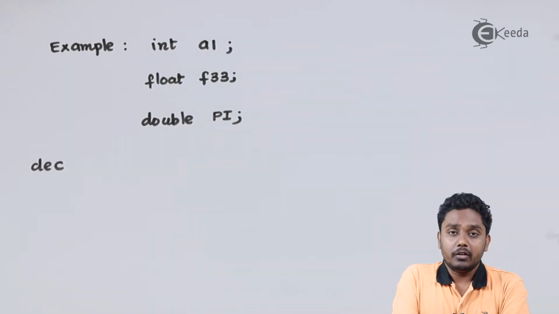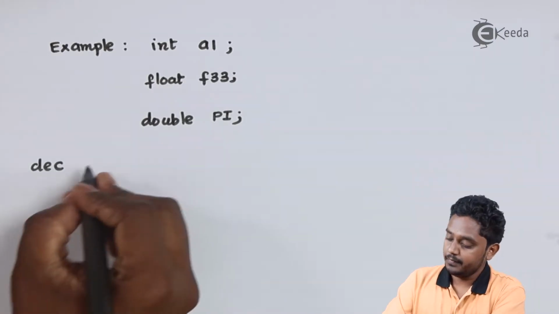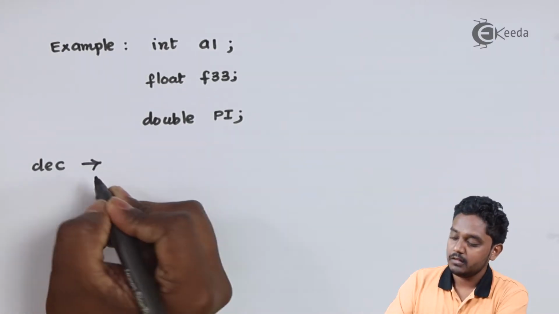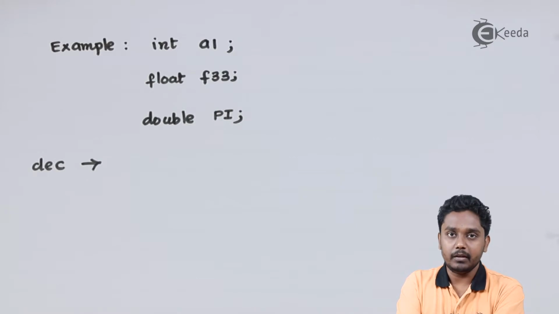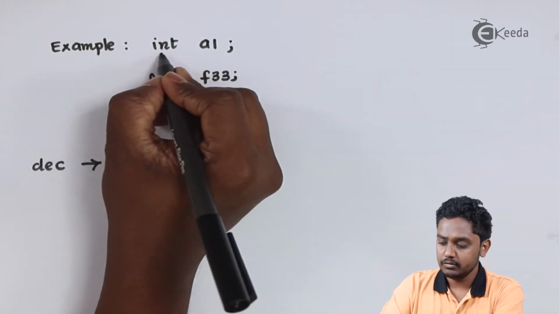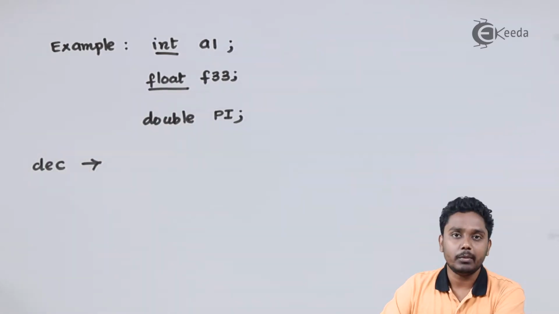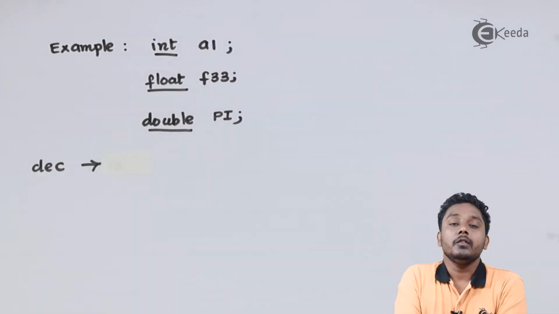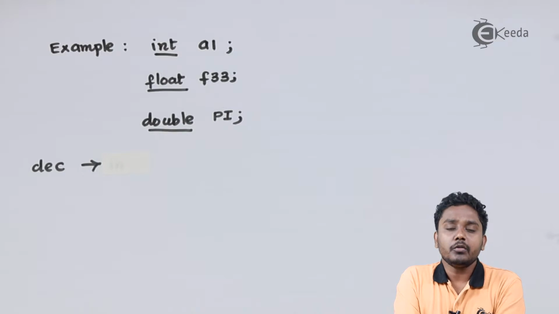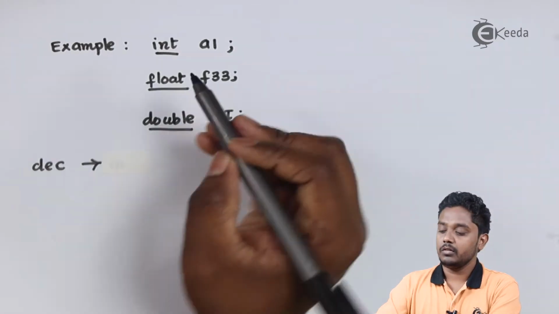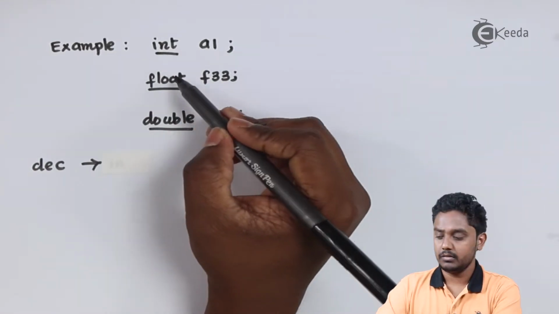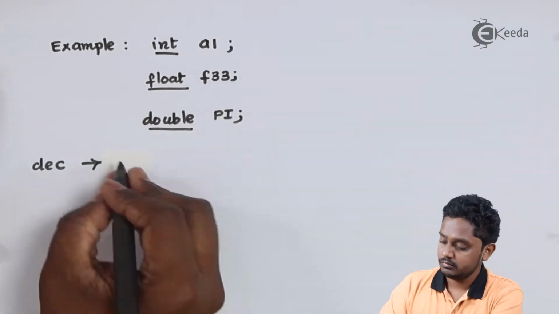Let us try to write the grammar. Let us take declaration, DEC, as the start symbol. A declaration is a type, which is int over here, float in the next one, double in the third one. We can see that the start part of every declaration is a type. Over here it is int, float and double.